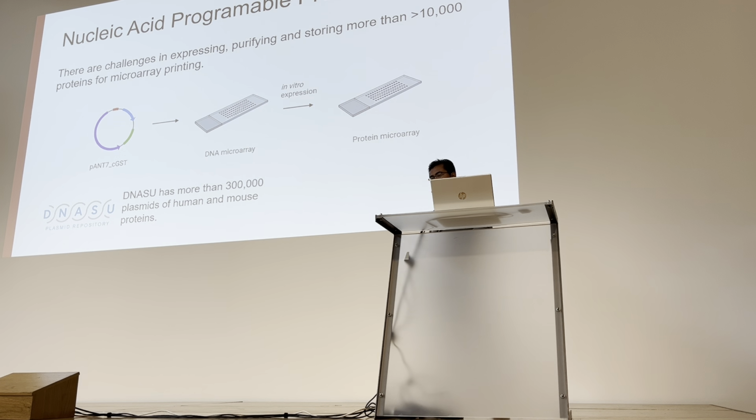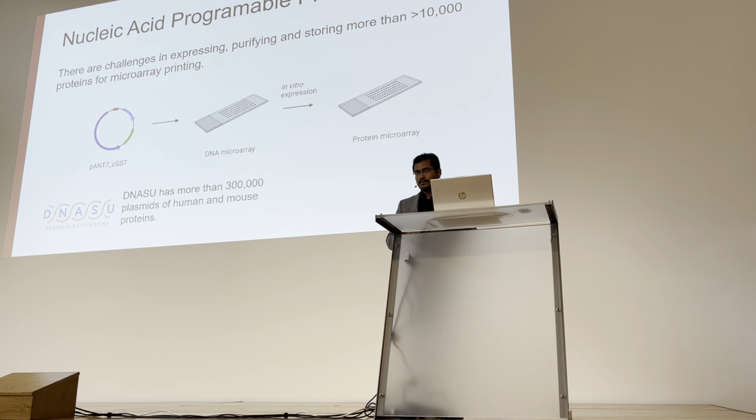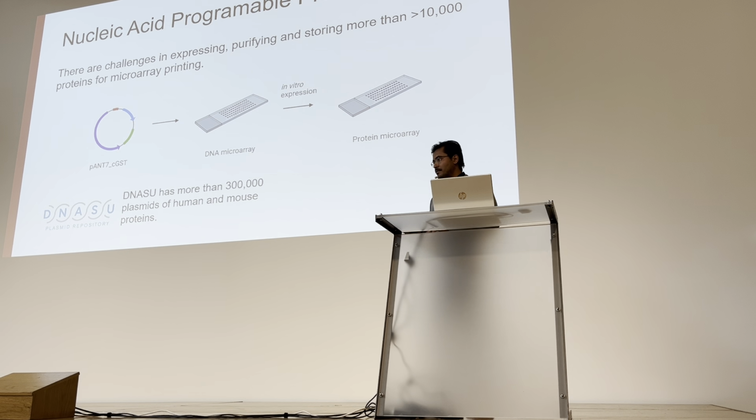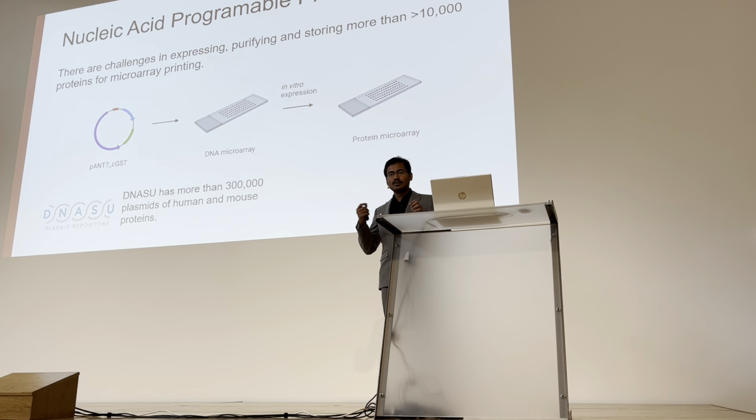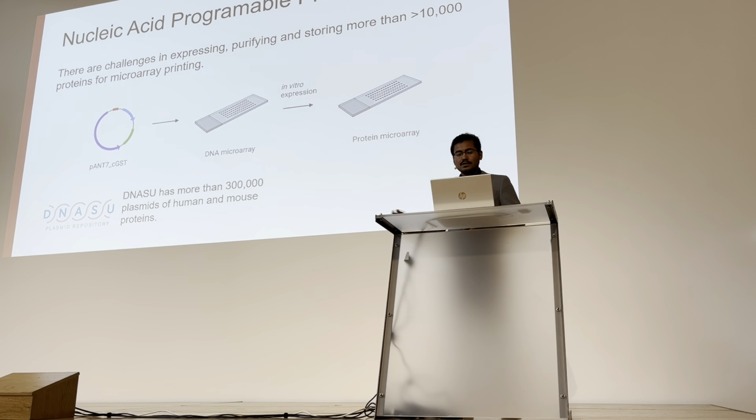As another speaker mentioned yesterday about the DNASU, we currently have more than 300,000 clones in the DNASU plasmid repository, and there are human proteins, mouse proteins, and different microbial proteins. So it's very easy to get those and clone them using Gateway cloning or any other cloning method to transfer to a vector which is useful for you.